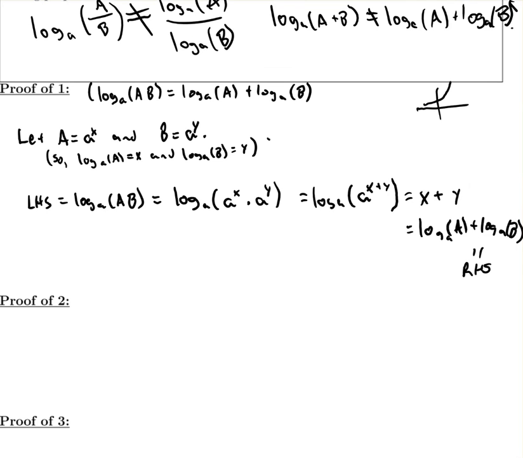So we see that the left-hand side of our claimed law is equal to the right-hand side, so we've proved it. So this is our proof of one, that addition rule for our laws of logarithms.